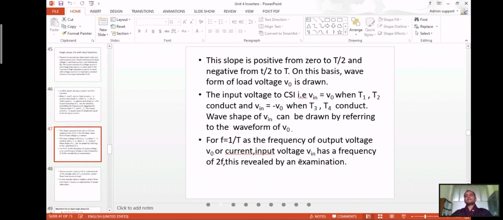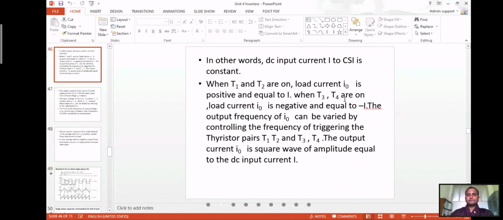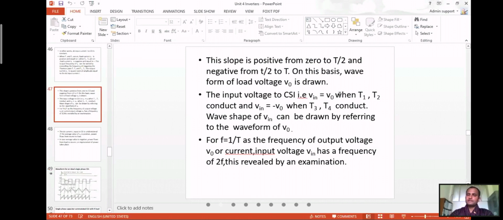So this is positive from 0 to T by 2, and negative from T by 2 to T, on the basis of which the load voltage is drawn.